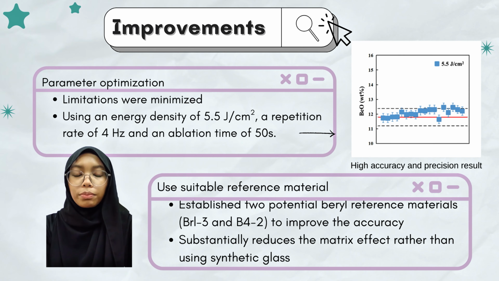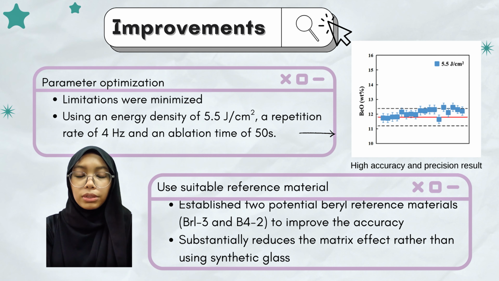Thus, some improvements were done to minimize the limitations of this study by using parameter optimization and the use of suitable reference material. The researchers in this study have established two potential beryl reference materials, Beryl 3 and Beryl 4.2, to improve the accuracy of the results. This will substantially reduce the matrix effect compared to using synthetic glass.